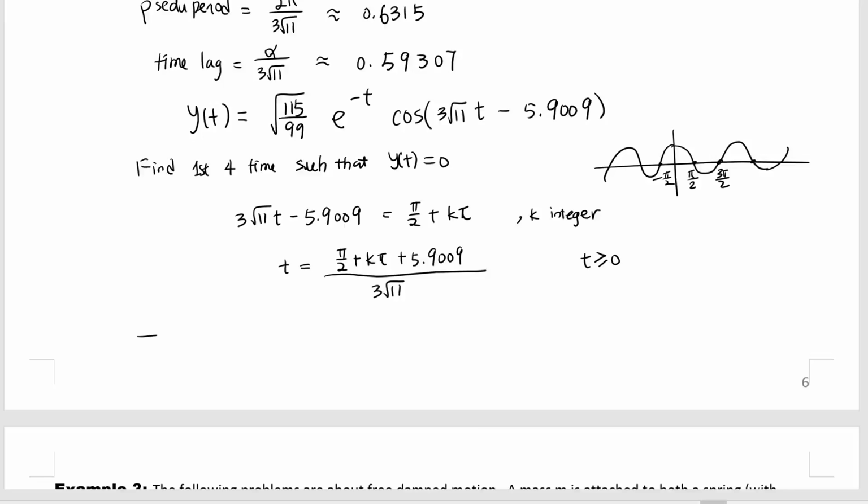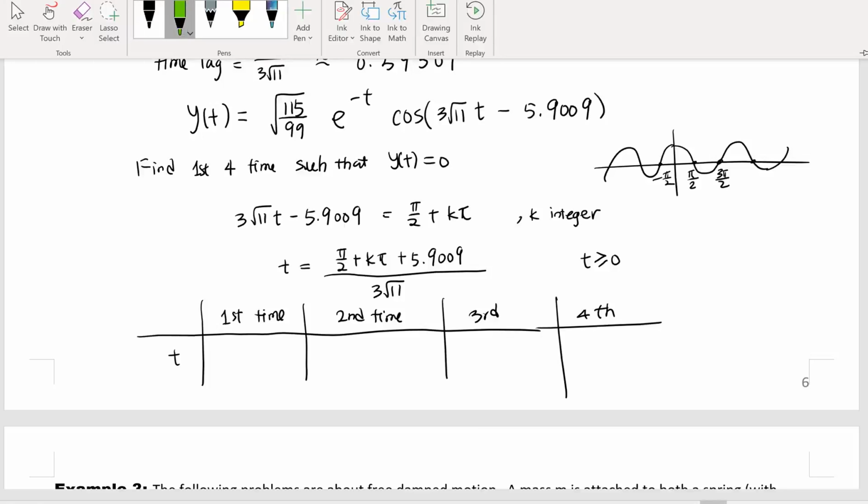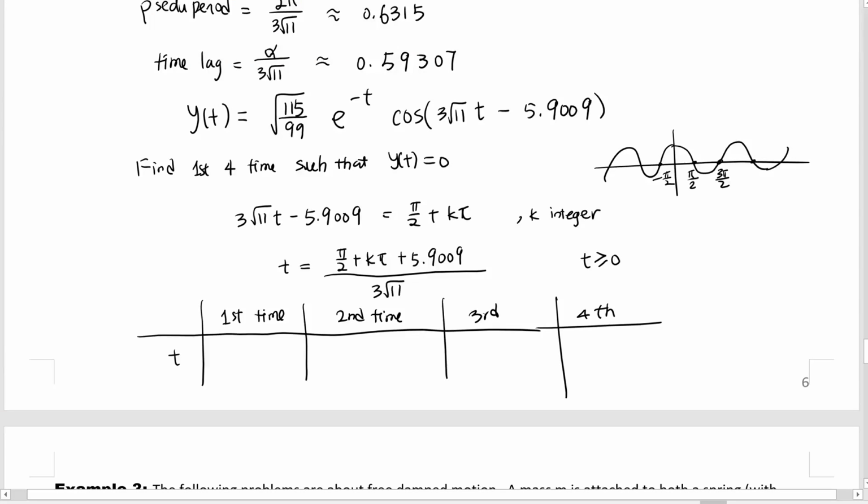Let's make a table: the first time, second time, third time, and fourth time. What k values, when we plug them in, make t positive? So the denominator is always positive. Let's figure out what pi over 2 is.